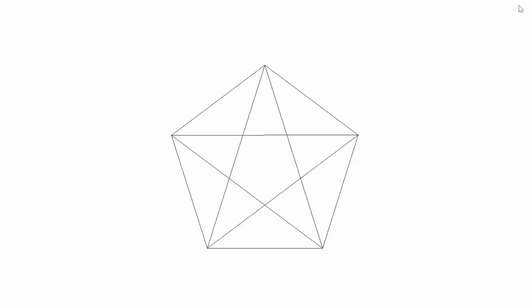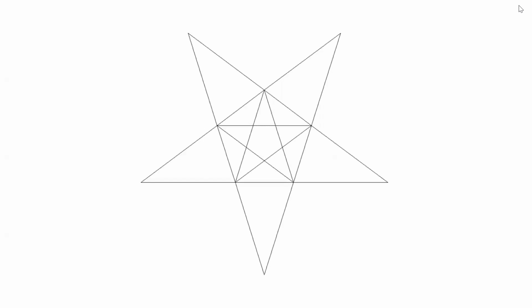Good, so one more thing about a pentagon is that the star that we've drawn inside, because it's a fractal type of shape, you can go outward as well.